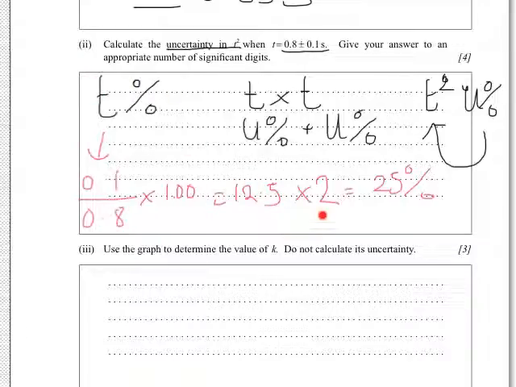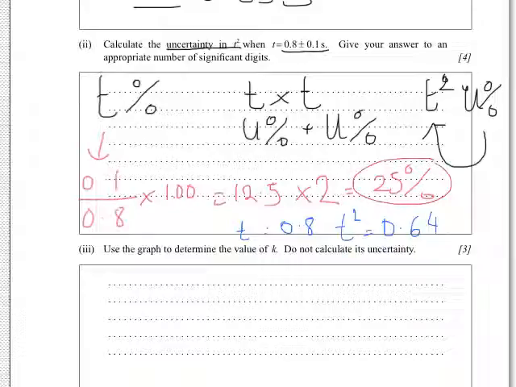We multiply it by 2 to find the percentage uncertainty of both together. And that gives us 25%. Now we kind of have to backtrack a little bit. If t equals 0.8, then t squared equals 0.64.